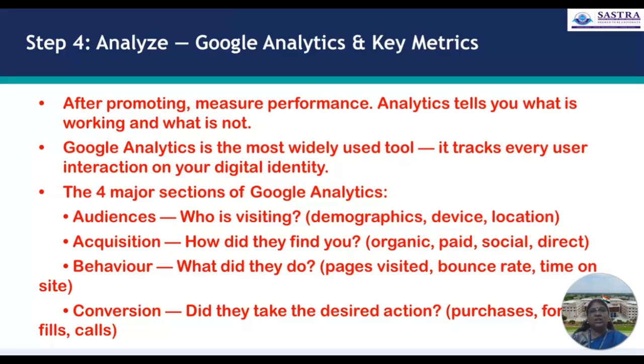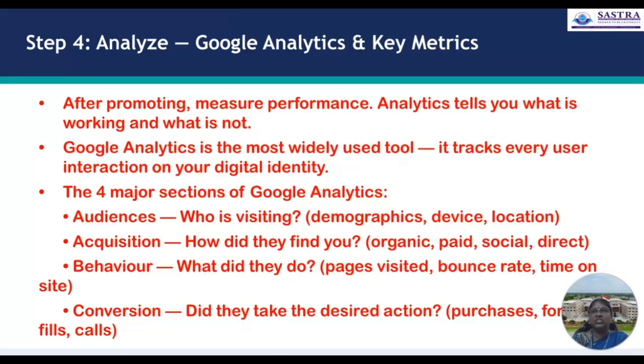Beyond Google Analytics, you have platforms which all show scientific analytics. Facebook and Instagram have their own insights dashboards, and email platforms provide open rates, click rates, conversion data, etc. Google Ads shows impressions, clicks, cost per conversion, everything.